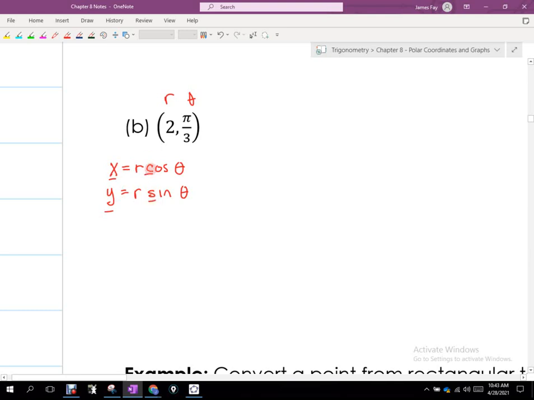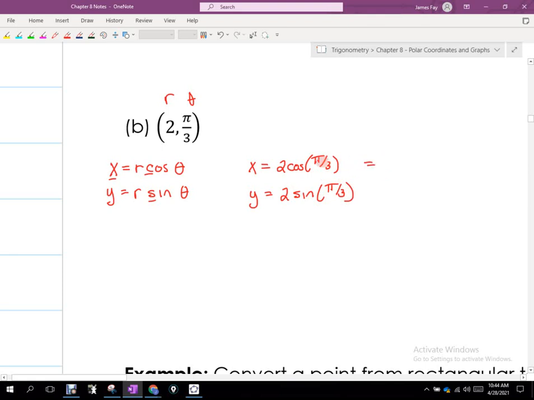Cosine and sine are alphabetical respectively, so x goes with cosine, y goes with sine. My hope is that we know mathematically why that's true. But now all we've got to do is say, okay, the x-coordinate is equal to 2 times the cosine of pi over 3, and the y-coordinate is 2 sine of pi over 3.